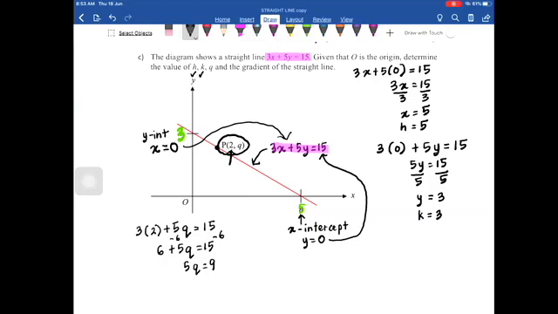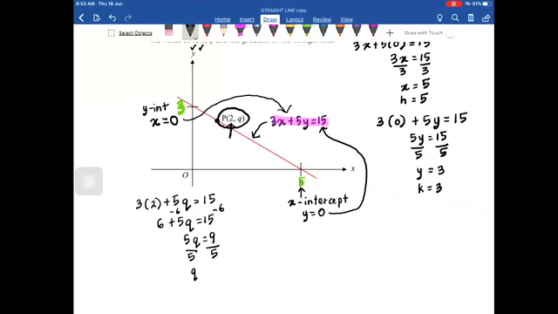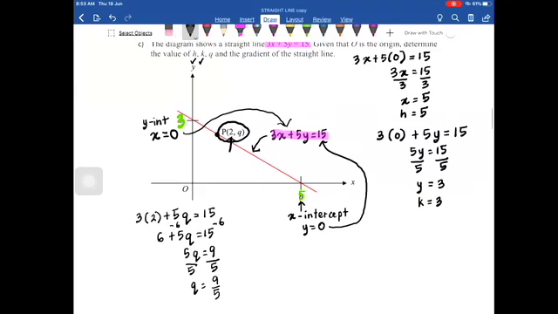So divide by 5, Q is equal to 9 over 5. That's it. Okay, Q done. So my P is actually (2, 9/5).